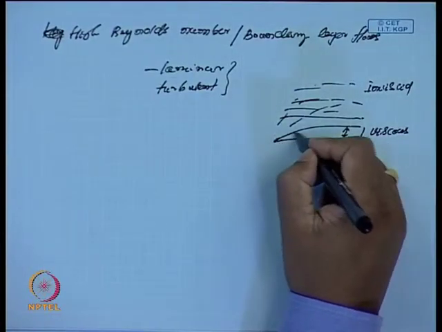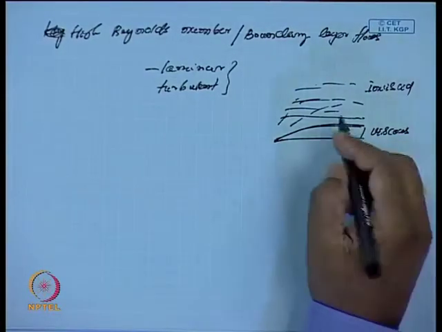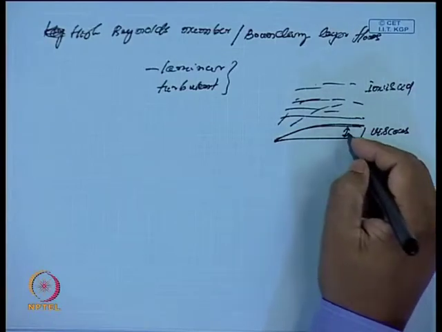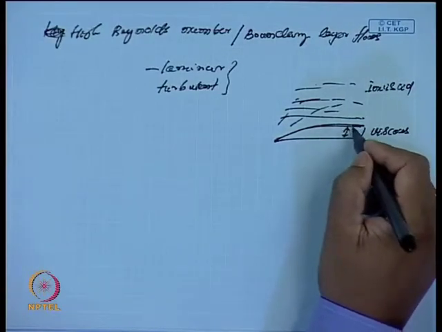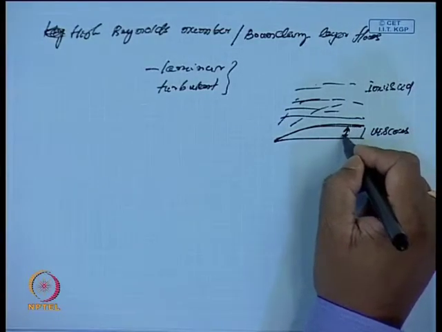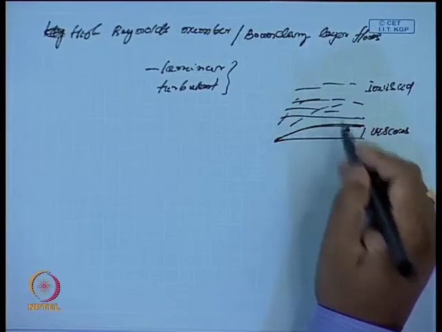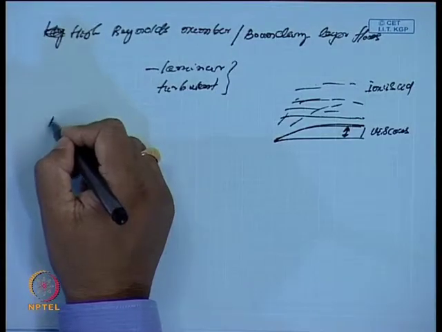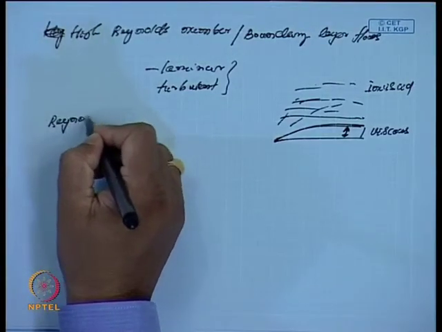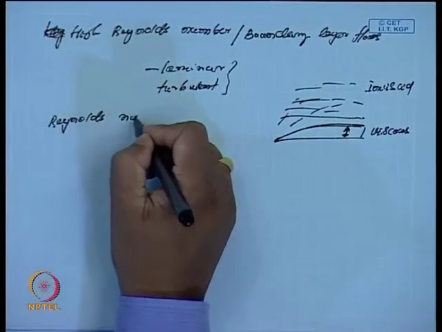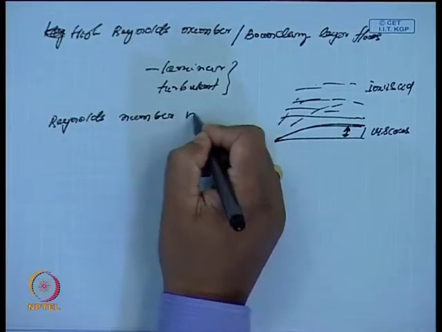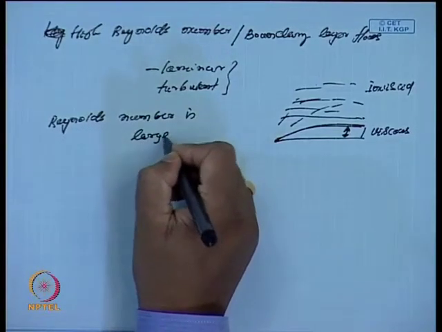There is a layer, and this distance we call the boundary layer thickness, and this happens when the Reynolds number is large.